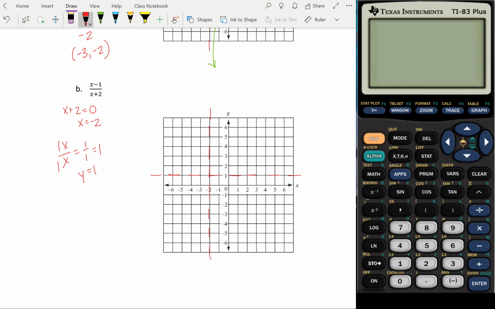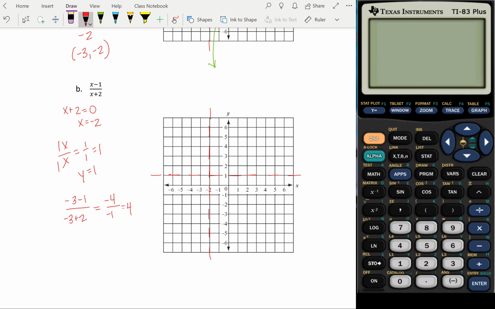Now again, I plug a point to the left of my negative 2 and a point to the right of my negative 2 to figure out what quadrant exactly it's going to fall in. If I plug in negative 3, I get negative 3 minus 1 over negative 3 plus 2, which is negative 4 over negative 1, which is 4.